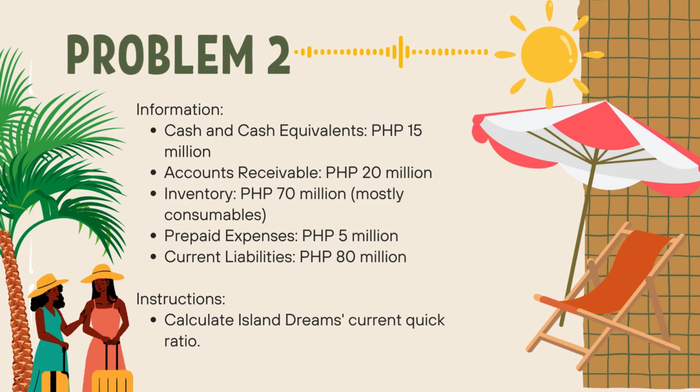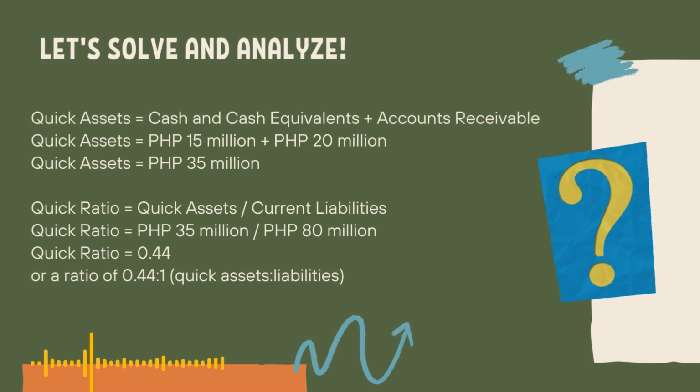So now we need to calculate Island Dream's current quick ratio. Again, quick assets is the cash and cash equivalents plus the accounts receivable. That is 15 million pesos of cash and cash equivalents plus the 20 million pesos of accounts receivable.